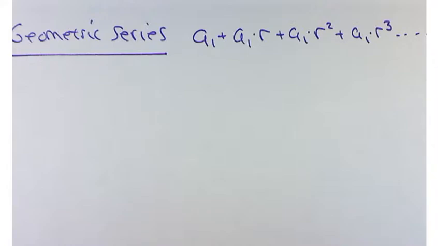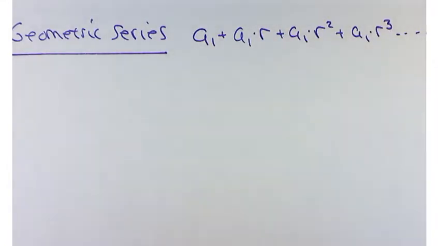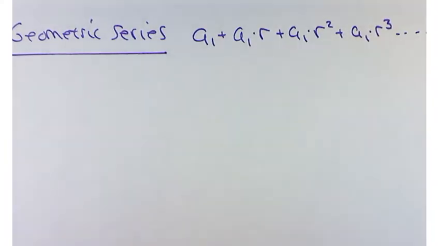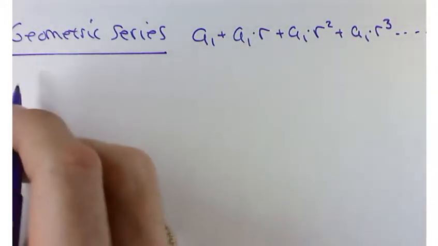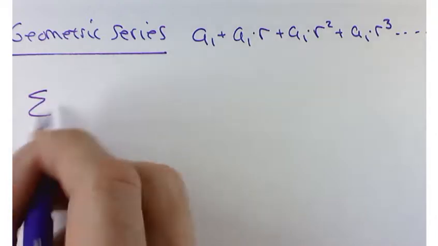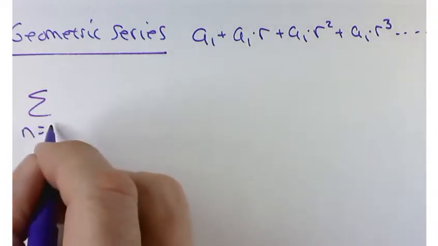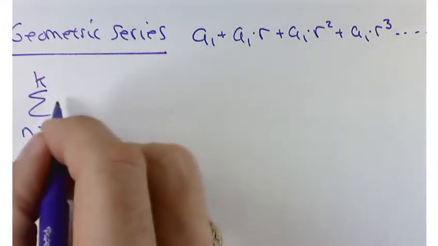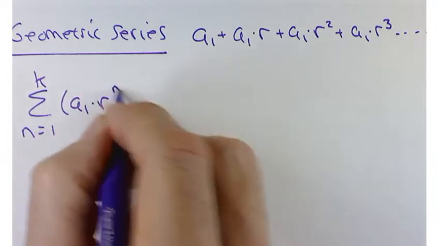Now, it could be a finite geometric series, meaning after a while they'll end, or it could be an infinite geometric series, meaning there is no end, that you're going to add that up all the way out to infinity. We can write this using our summation notation. So two possibilities. One is the sum from n equals 1 to, let's call it k, of a sub 1 times r to the n minus 1.